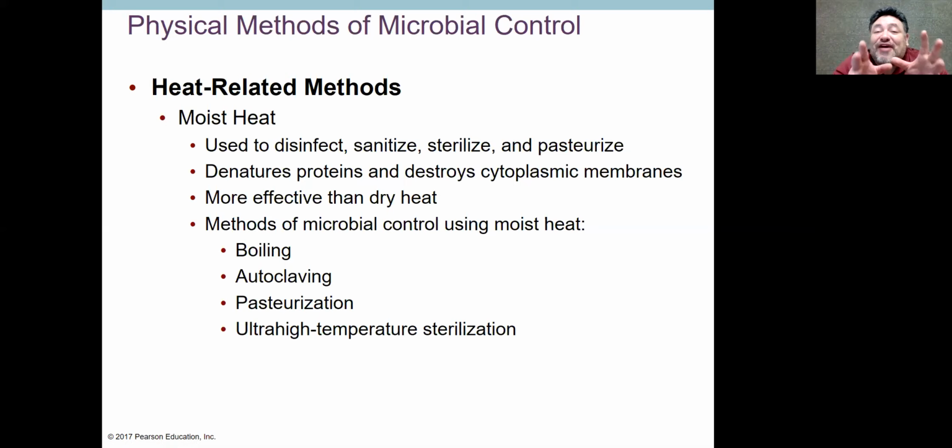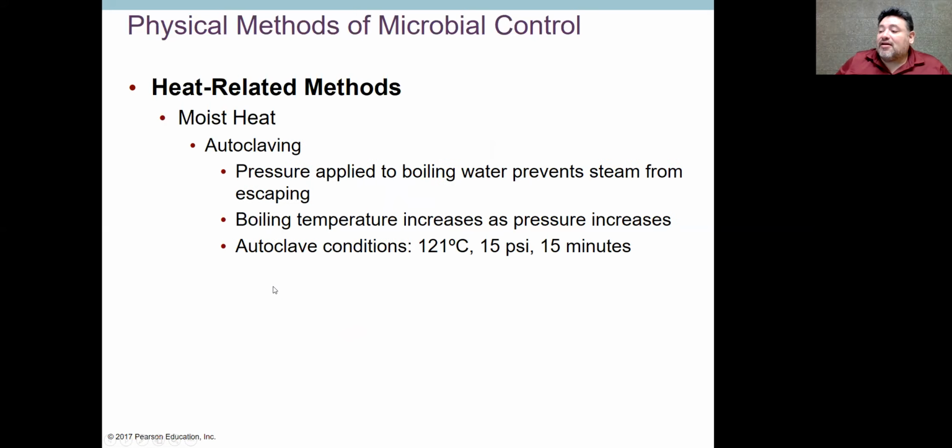There's things that can survive autoclaving, if you can believe that. For example, there are some bacterial endospores that can survive autoclaving. Prions can survive autoclaving. So autoclaving is sterilization for day-to-day organisms that are susceptible to high heat, high temperature, and high moisture, okay? But this is typically what we use in the laboratory and in the clinic, okay?